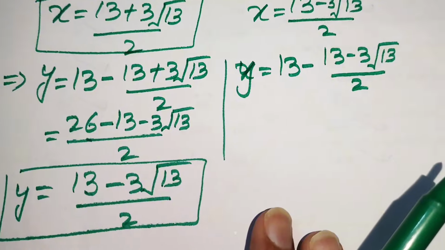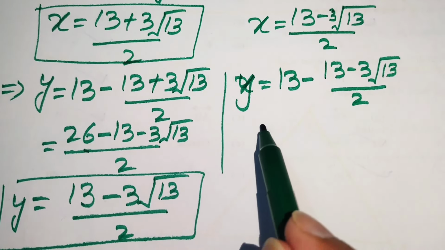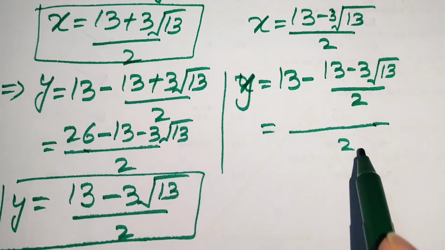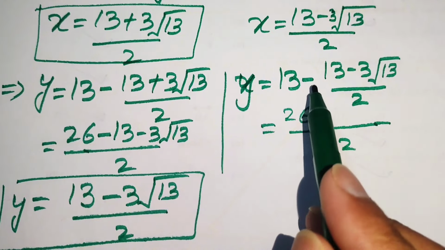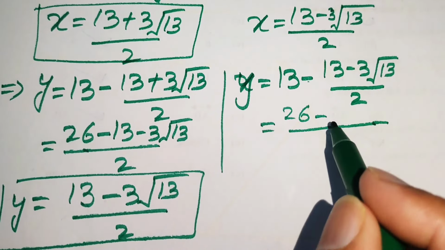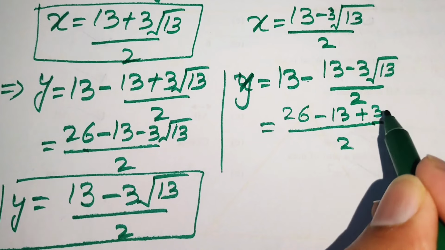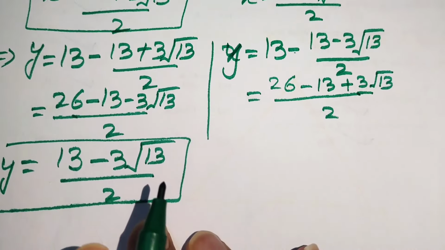Okay, so now further we substitute this value of x here, and now we need more simplification here. So here we again take the LCM of this term, and it is written as 26 minus, here we multiply this negative sign on both of these terms. So this is minus 13 plus 3 times the square root of 13.